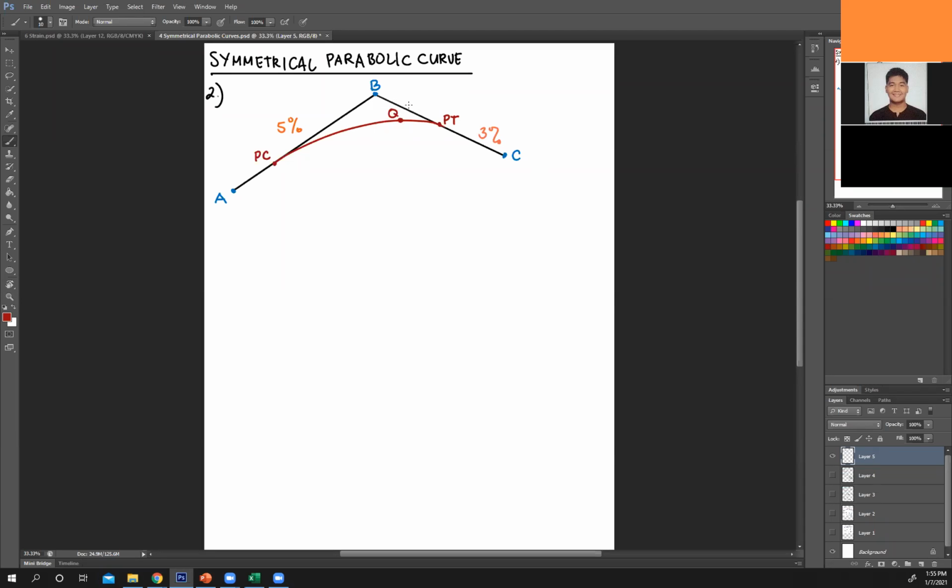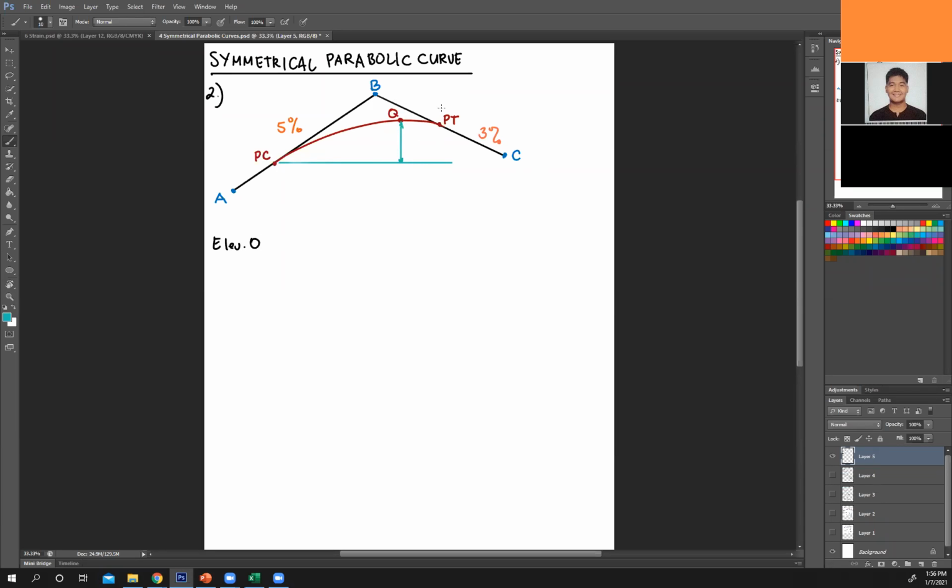So to solve for the elevation of your summit, Q, all I need is to find out what's the elevation of your PC. So the elevation of that. Then find out this height.